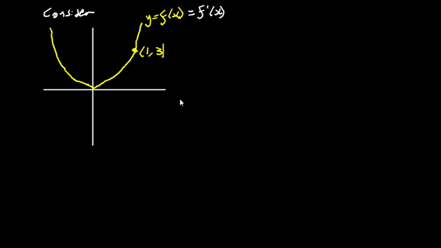So the x-intercept on the given graph identifies a stationary point on capital F of x. So therefore, the graph of capital F of x has a stationary point at x equals 0. So here's my x-intercept. The x-intercept is going to be my stationary point, and in this case, it's at 0.